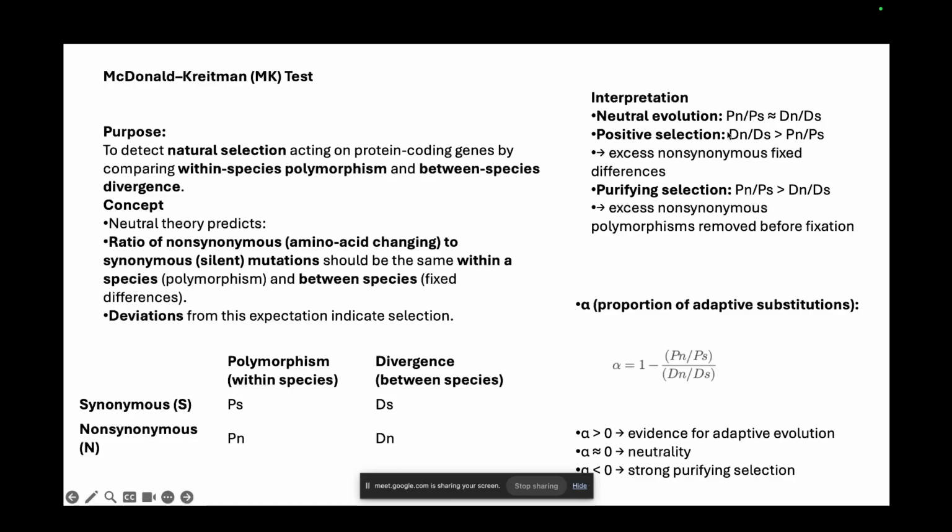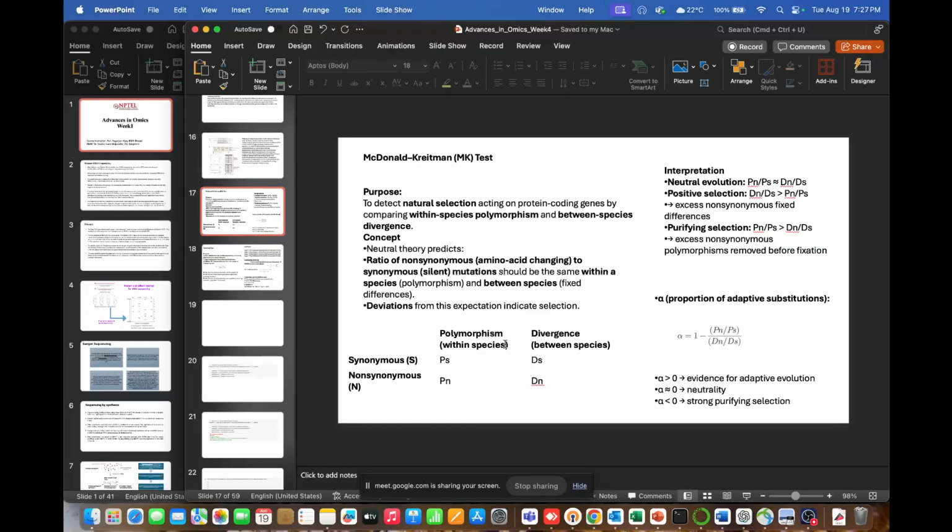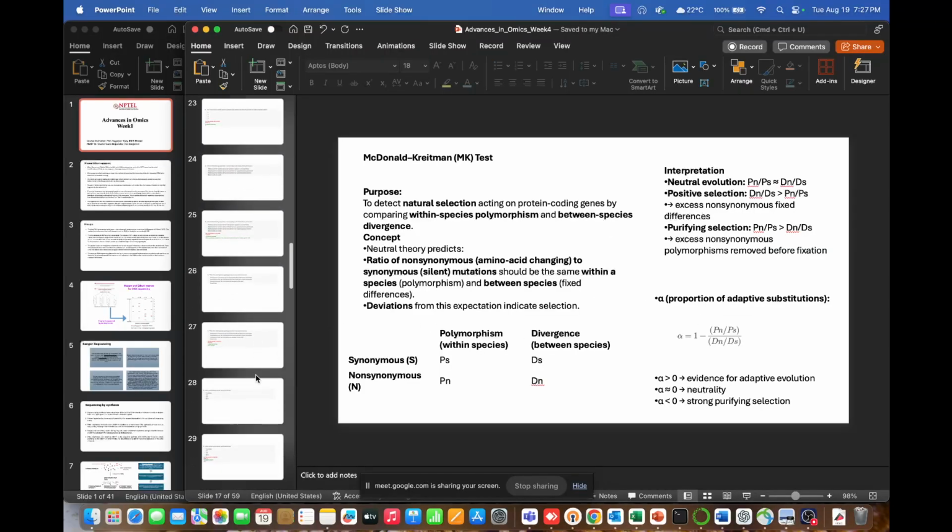So the idea is, if you have positive selection between species, DN by DS should be greater than within species PN by PS. So basically, excess non-synonymous fixed differences. And if you have purifying selection, you have the opposite, which is PN by PS greater than DN by DS. So now let's go back here.